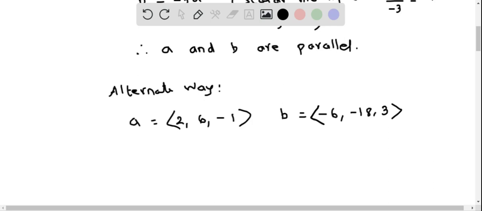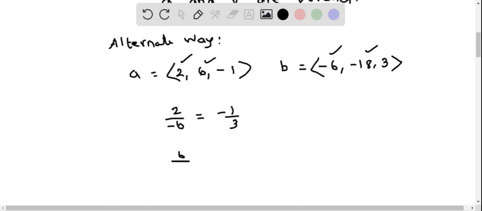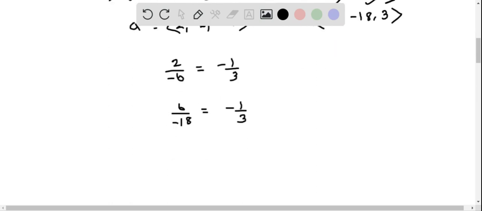We see that these two vectors are parallel to each other when the ratios of the corresponding vector components are the same. That is, we find the ratio of the x components, which is 2 divided by negative 6, and this equals negative one third. We also find the ratio of the y components, that is 6 divided by negative 18, and this equals negative one third. And we also find the ratio of the z components, that is negative 1 divided by 3, and this equals negative one third.